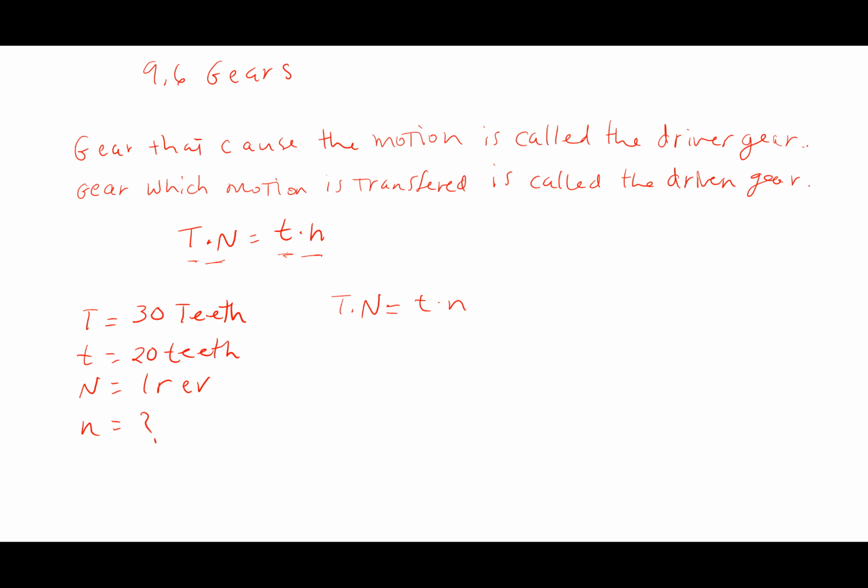Now we need to solve for little n, don't we? So we're going to divide both sides by little t. So little n is going to equal big T times big N over little t. And we have all that information, so we can plug it in. 30 teeth times 1 rev divided by 20 teeth.